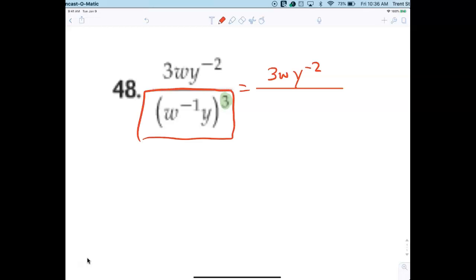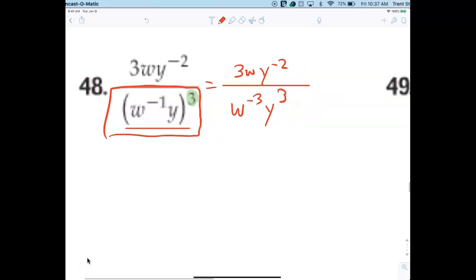Okay. So now what? W to what power? 3w, right? I'm trying to simplify this right here. I know, but there's a 1, and then, oh, never mind, because 1 times 1 times 1 is 1. W to the negative 3rd power, right. And then y to the 3rd power. Okay, now we're in business. And then what do I do with this?